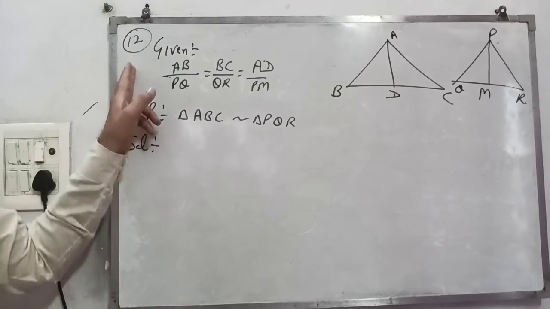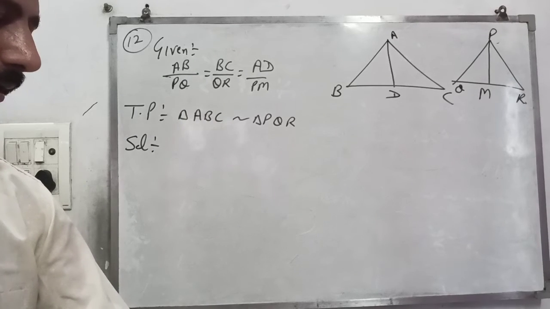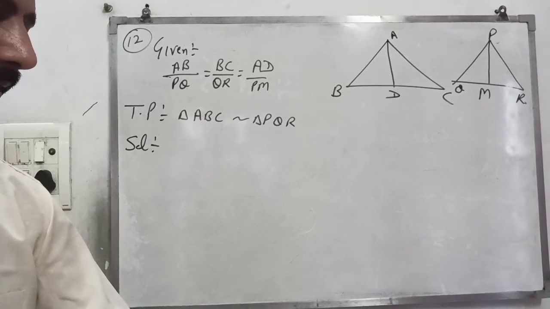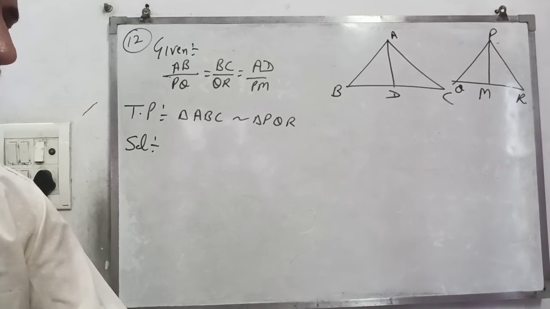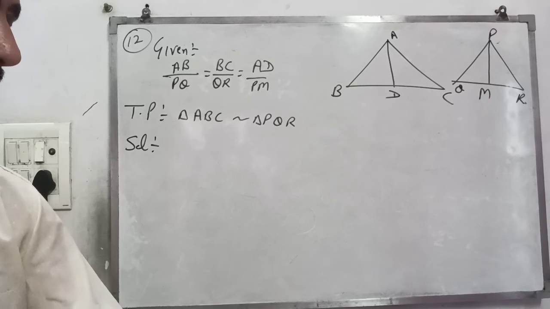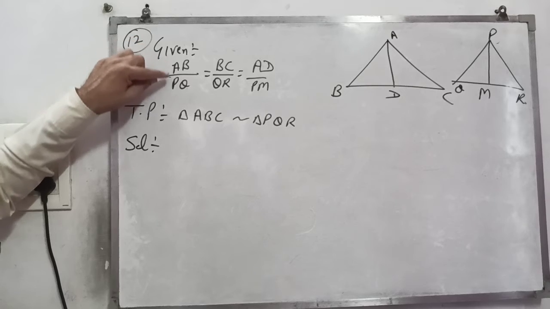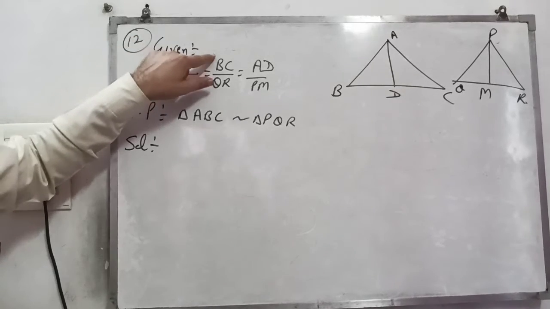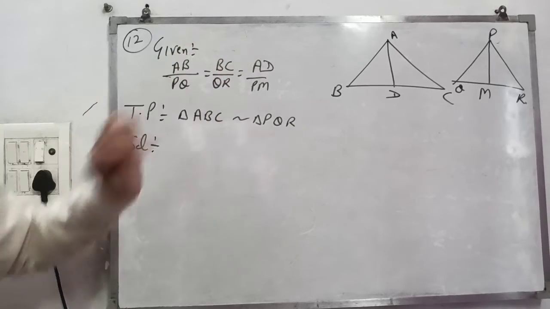So question number 12, here it is given that sides AB and BC and median AD of triangle ABC are respectively proportional to sides PQ and QR and median PM. So we can write AB upon PQ, respectively BC upon QR, respectively, and median AD upon PM.